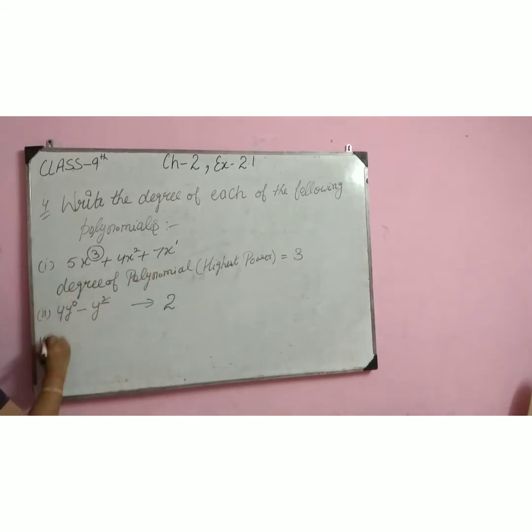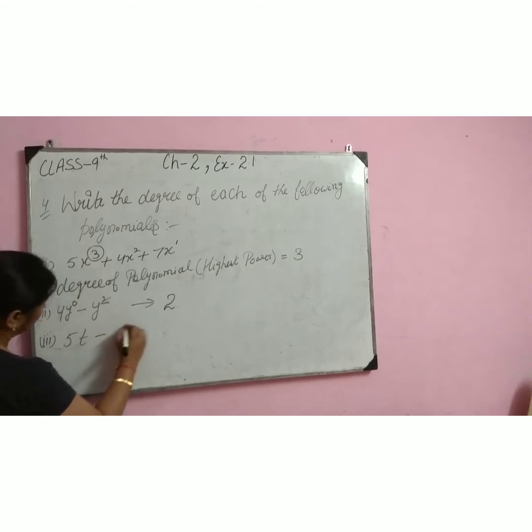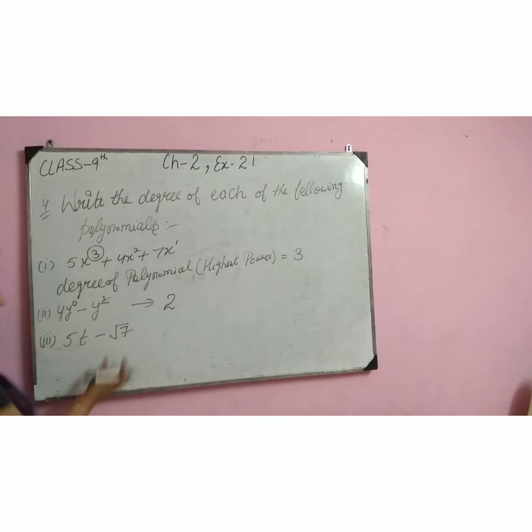Third one: 5t minus root 7. This number is a constant, so we do not consider it in the degree. We consider the variable degree only, not a power.